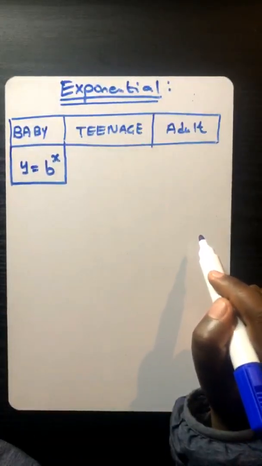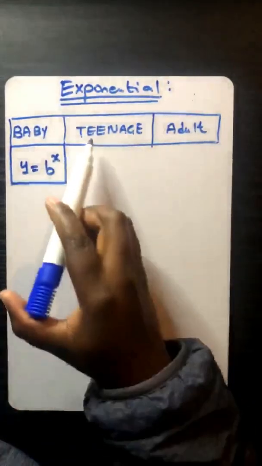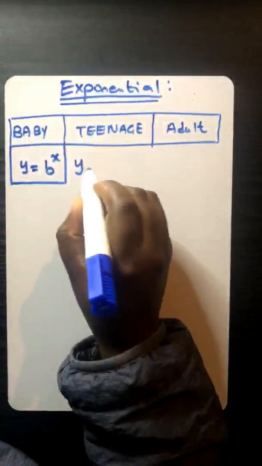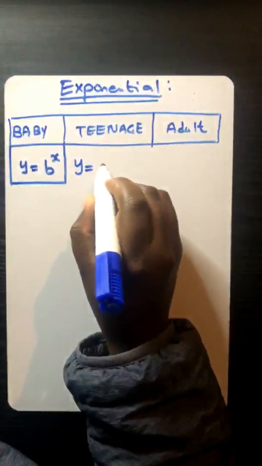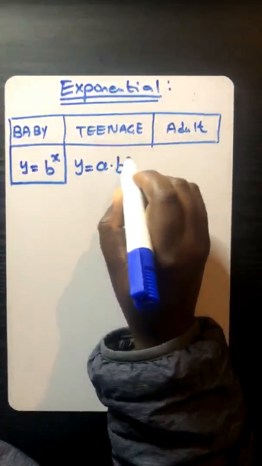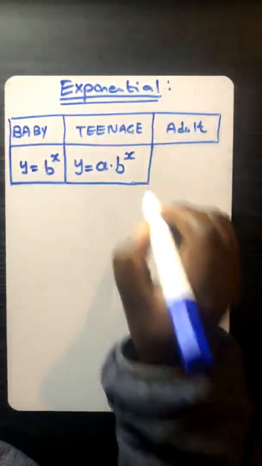So now, when we look at an exponential function at a teenage stage, this is how it looks. It looks like y being equal to a multiplying that b to the exponent of x. Can you see?